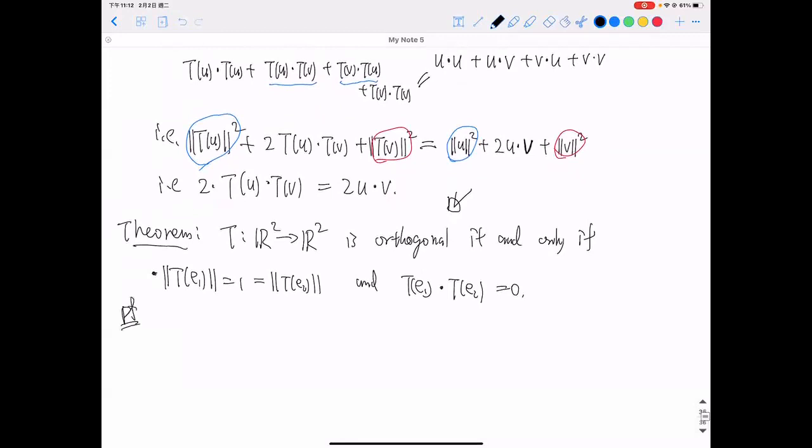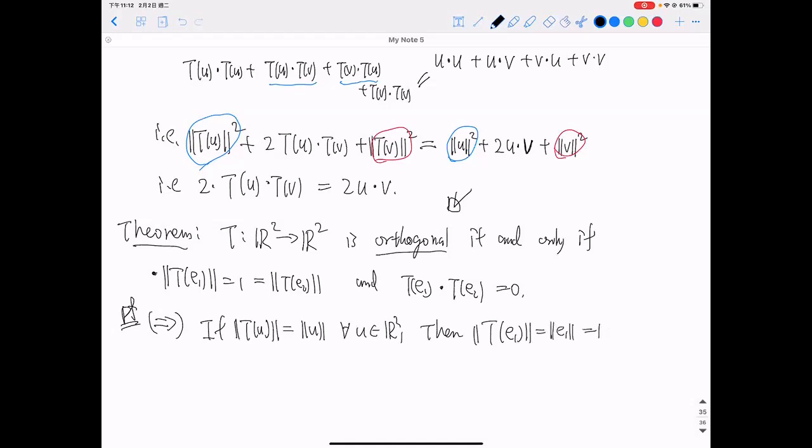Proof. Let's see, how do we prove this? Forward implication. If T is orthogonal, so if T of u has length equal to the length of u for every u in R2, then T of e1 has length equal to the length of e1, which is 1.